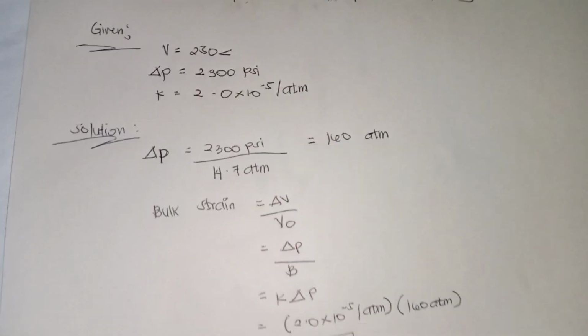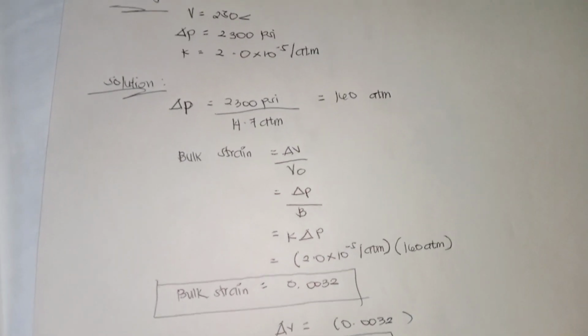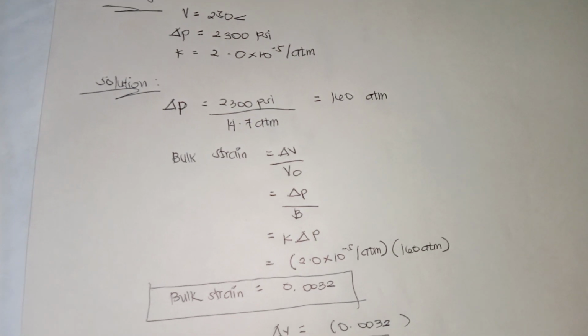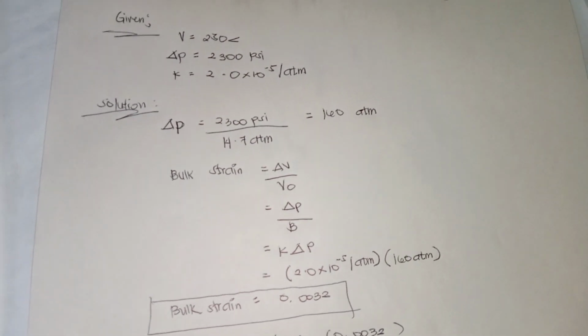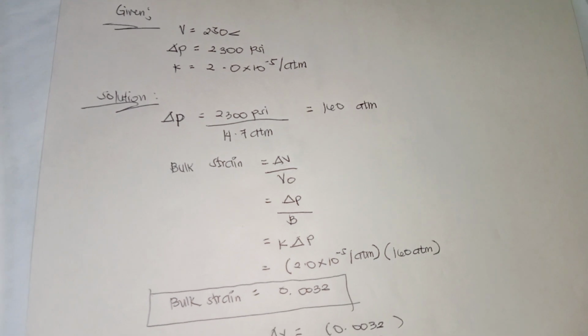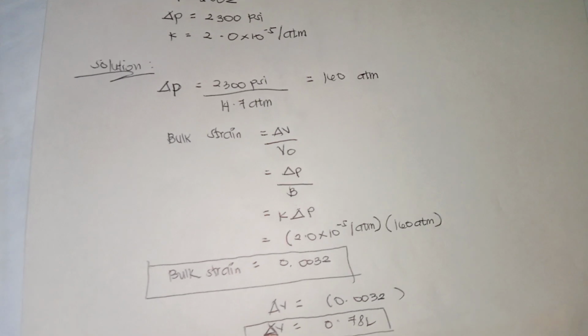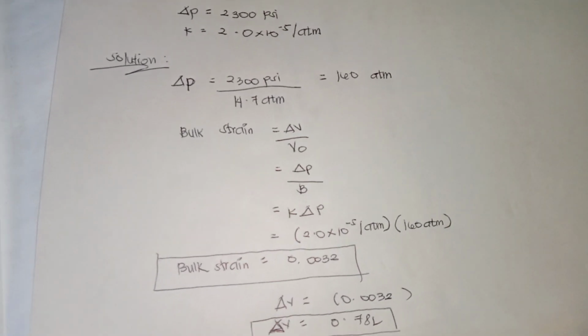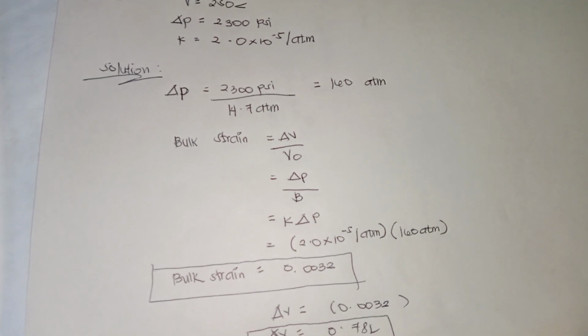So the solution for the pressure increase of 2,300 psi over 14.7 psi per atmosphere, we divide, and we derive the answer of 160 atmospheres.